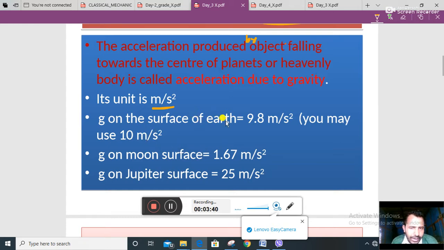Acceleration due to gravity on the surface of the earth is 9.8 meter per second square, or you can take 10 meter per second square. Small g generally refers to acceleration due to gravity. To make it clear, small g refers to acceleration due to gravity. So g on the moon surface is 1.67 meter per second square, and g on the surface of Jupiter is 25 meter per second square. Try to memorize these values.